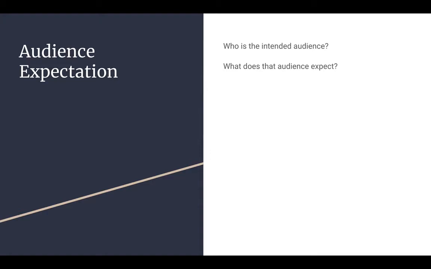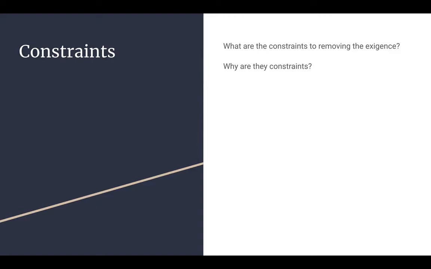And finally, we want to look at constraints. Now remember, constraints are the things that keep us from our mission of persuading people to eliminate the exigents. So we need to look at what are the constraints to removing the exigents. What are things that might keep us as the audience from acting upon the exigents?